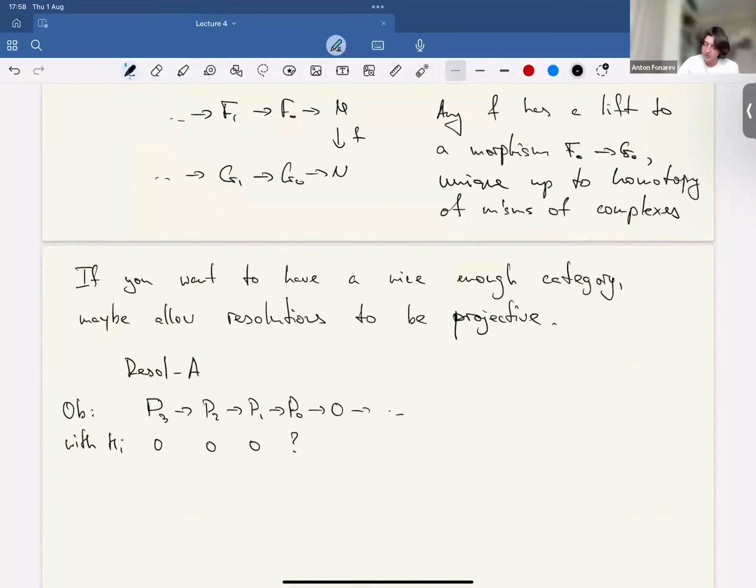So the last map may not be surjective. It's a complex. It's exact on the left, and then 0, 0, obviously. What are the morphisms? The morphisms are morphisms of complexes modulo homotopy.